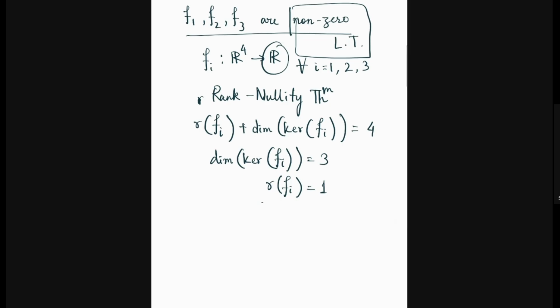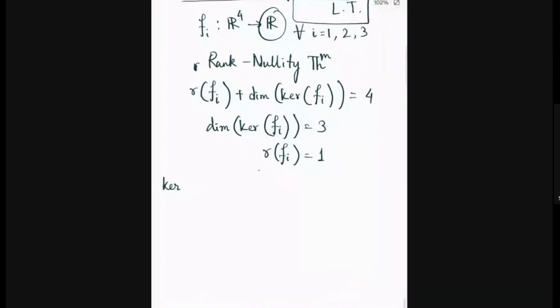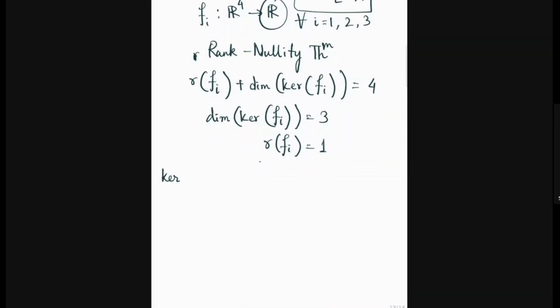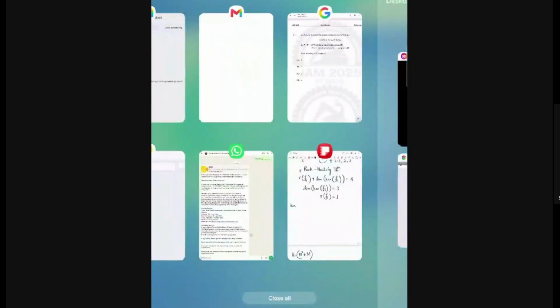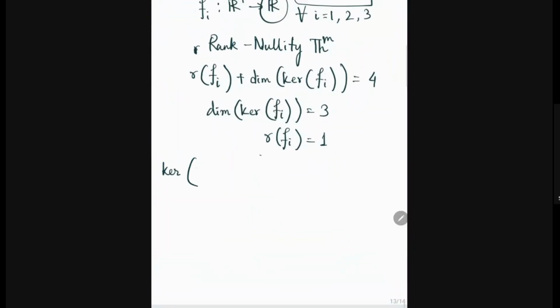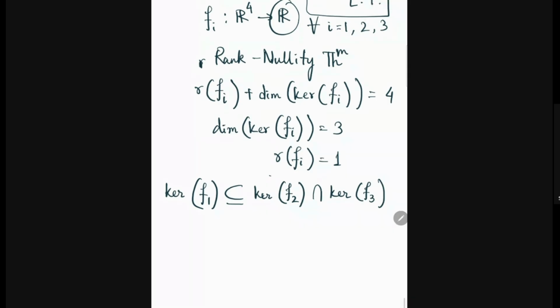Now, it was also given in the question that kernel of F1 is a subset of kernel of F2 intersection kernel of F3.